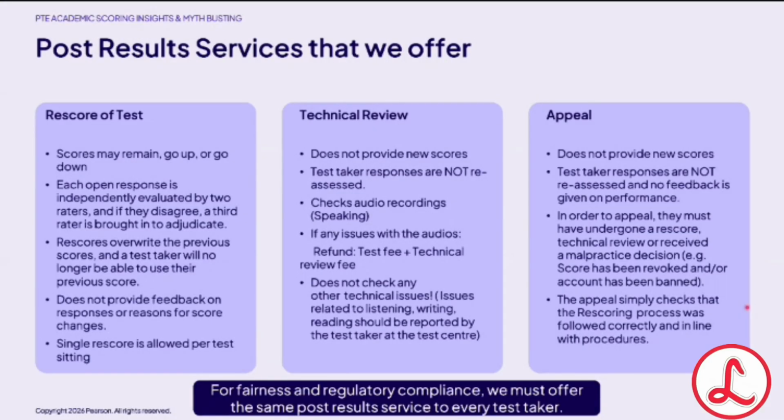Those things can be appealed, and there's a process that checks all of the procedures that went through your original decision to make sure that all of the procedures were followed appropriately. So also for this one, you don't receive any feedback on any changes to scoring. It only checks that the actual process was followed correctly. So just important to know what these services offer and also what they don't offer, so test takers know what to expect when they're requesting them.